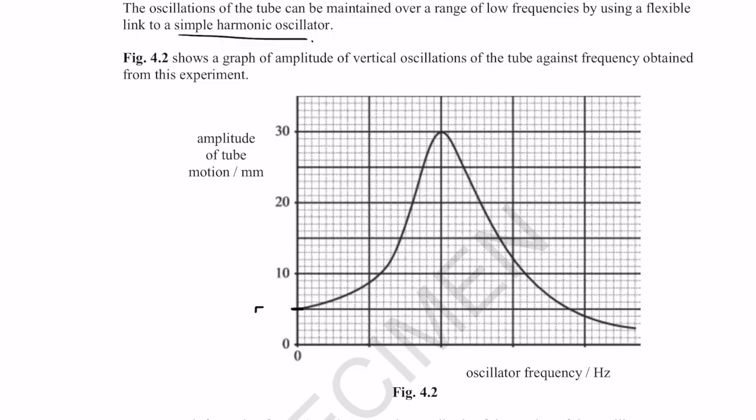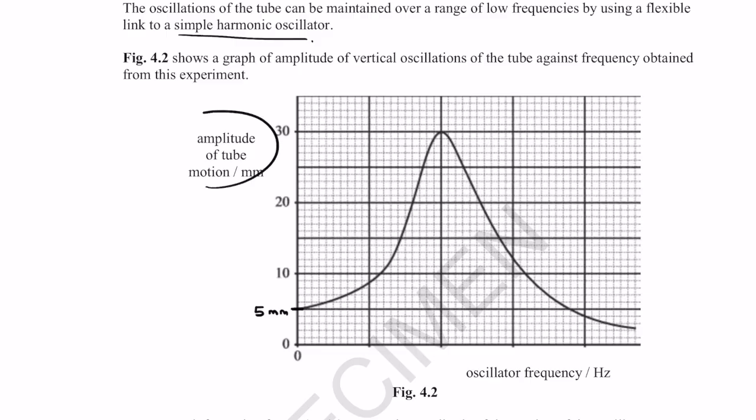So it must be 5 millimeters right here, because the tube is being forced into oscillations through this oscillator. If the amplitude of the oscillator is 5 millimeters, the tube will start its motion at a displacement of 5 millimeters. But be careful.